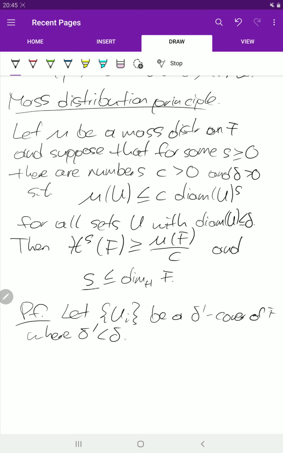That means these sets U_i have diameters at most delta and they cover F. Now we use subadditivity of the measure.